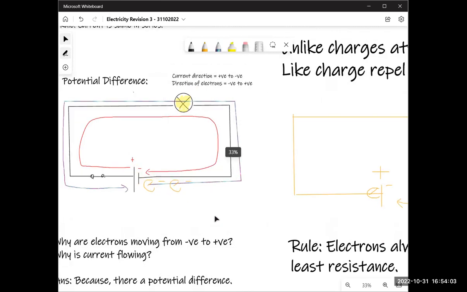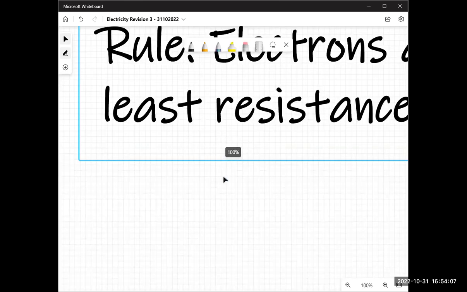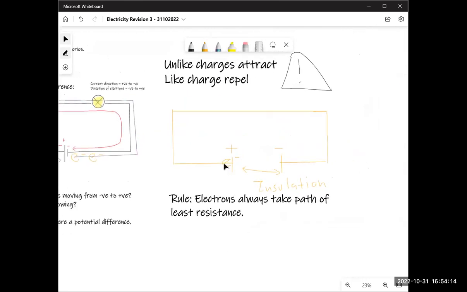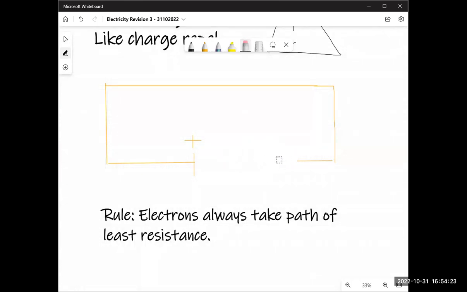But another problem is, what is causing these guys to move? Well, that right there is potential difference. Now, what is potential difference? Potential difference is basically if you have two charges, then the negative charge will go towards the positive charge. They're going to attract. So if I have the negative terminal right here and I have these electrons, they want to go to the positive terminal.